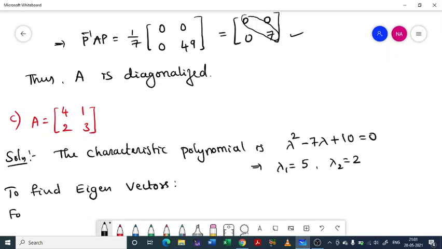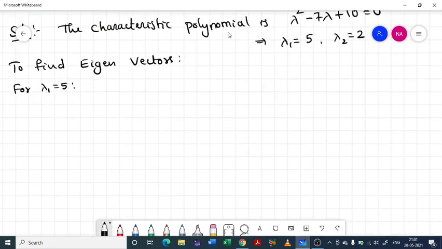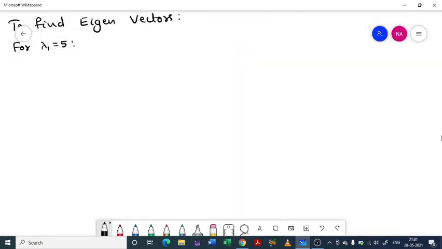for lambda 1 equal to 5. Shall I write it directly? I hope I can write. So lambda 1 is 5, so A minus 5I into capital X equal to 0. We can take that as capital X1. So you have to subtract 5 from the diagonal entries, right?